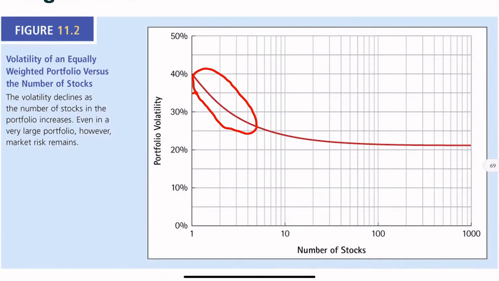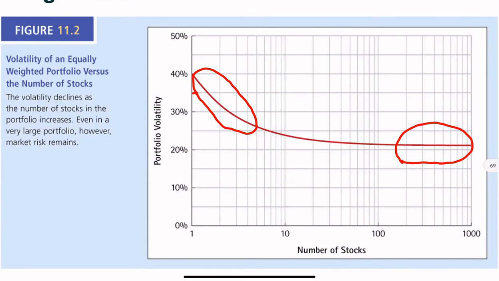In this section, you can see that there is a large reduction in portfolio volatility as you increase the number of stocks. However, on the right side of this picture, you can see that in the end, if you have already added, let's say, 800 stocks into your portfolio, then adding more stocks will not generate a huge reduction in your portfolio's risk.